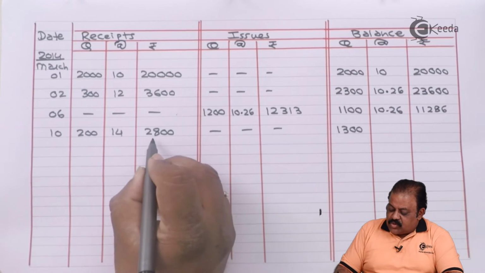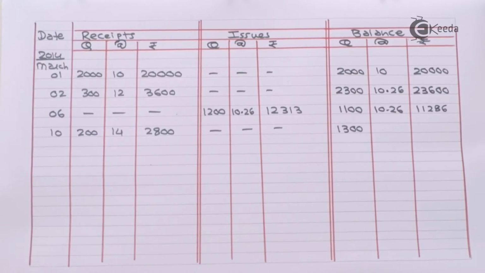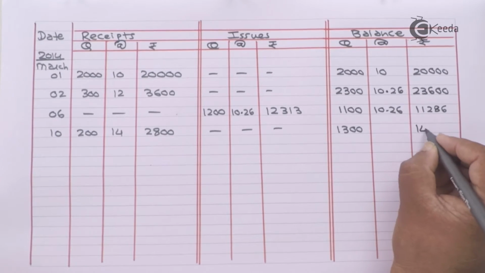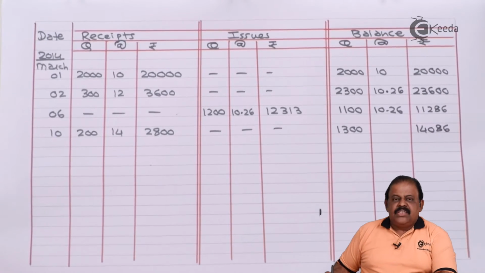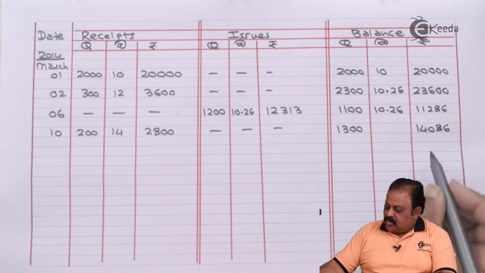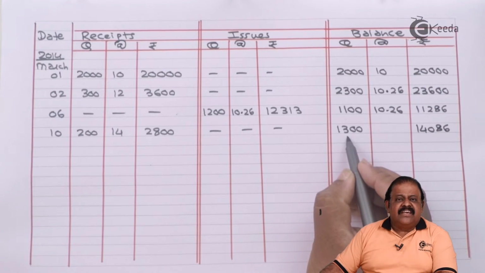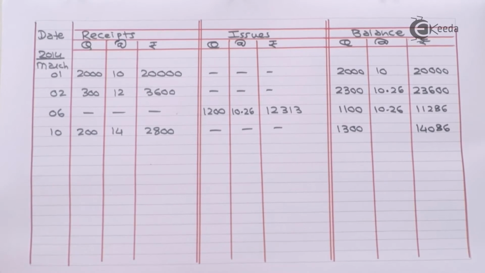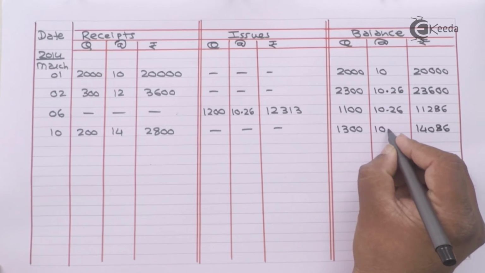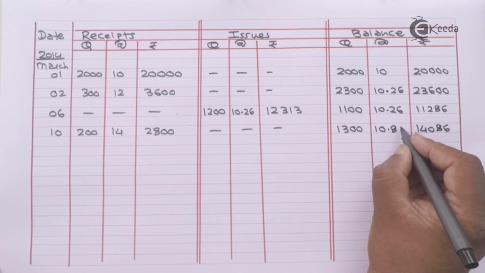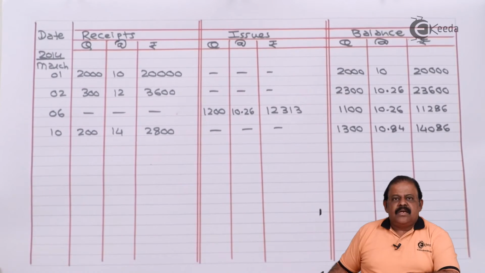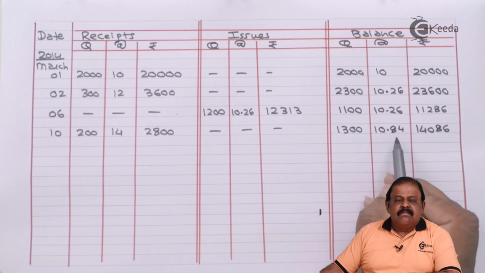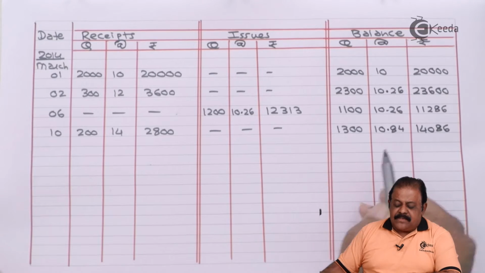To this we will add this 2,800. It is 14,086. To this we will divide by 1300. It comes to rupees 10.84 paise per unit.